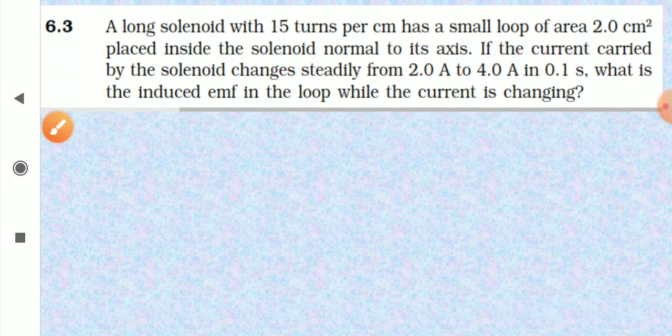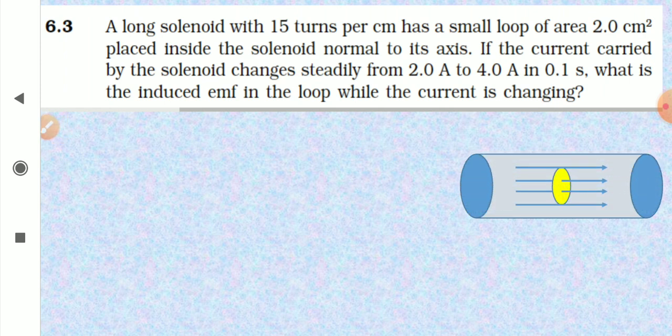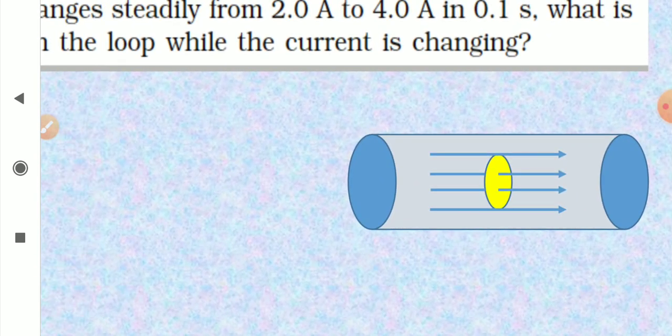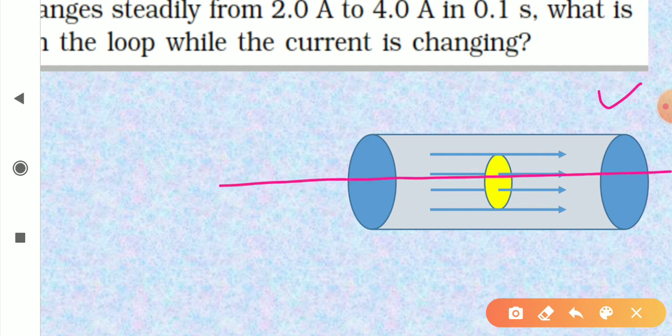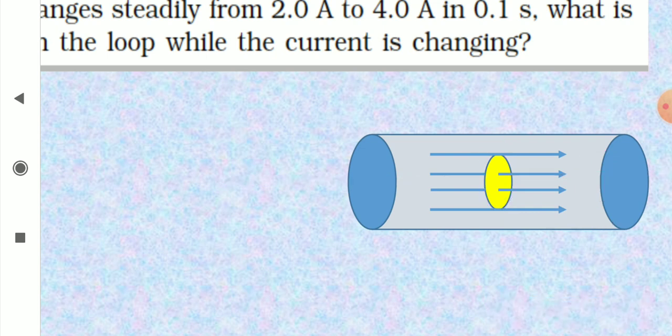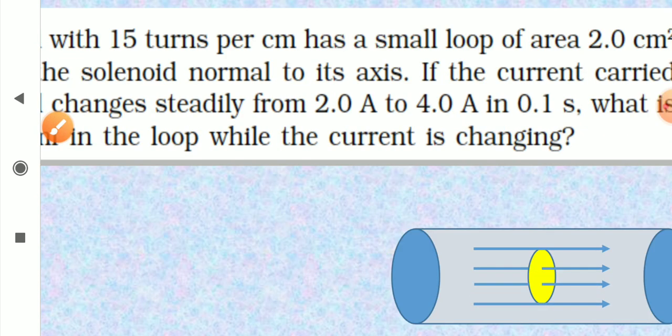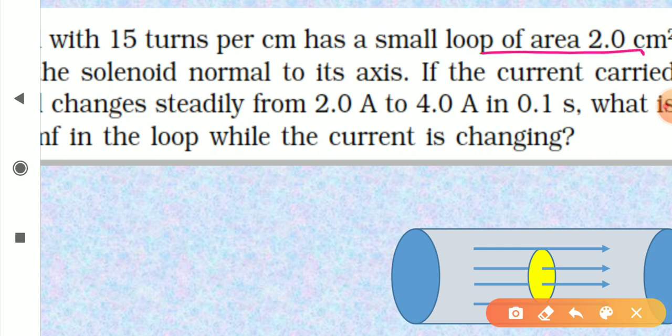So, first of all, you should try to understand the problem. Things become easy when you try to draw this diagram. So, here I have taken a solenoid, and the magnetic field inside the solenoid is parallel to its axis. So, this is the magnetic field, and this is a small loop inside it, and what is given is that the loop area is very small, and it is placed normal to the axis.